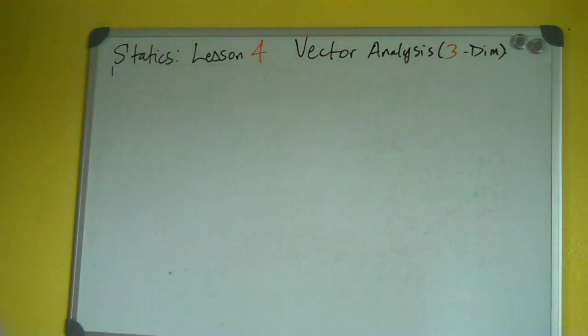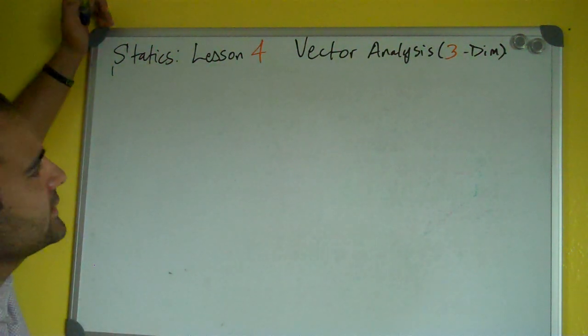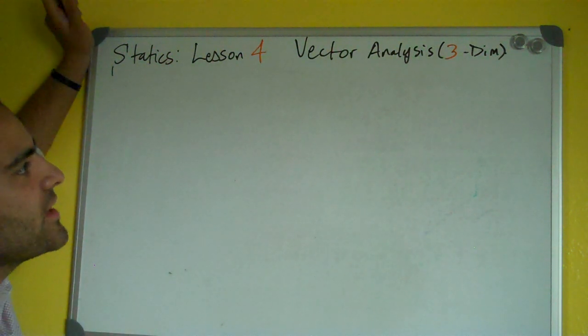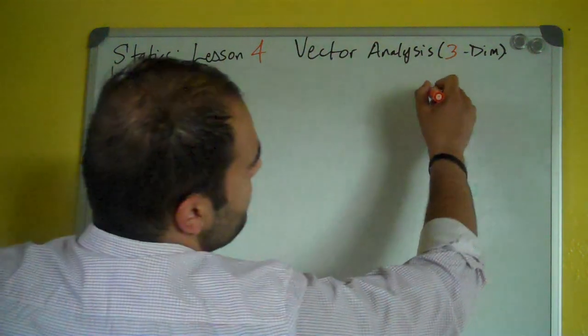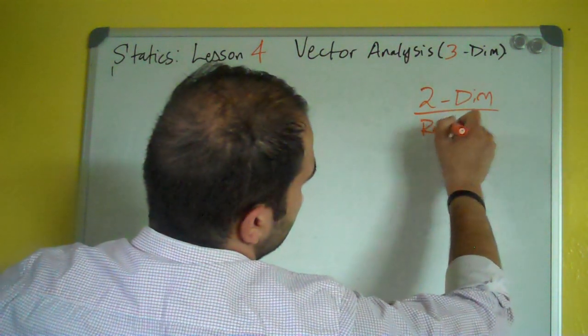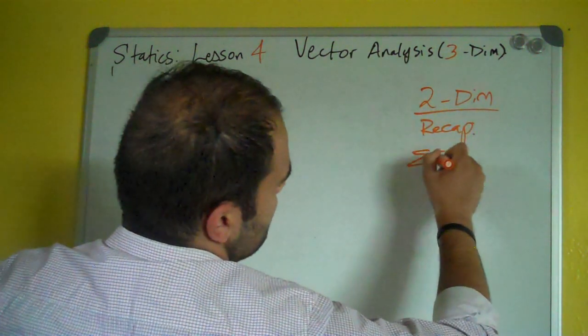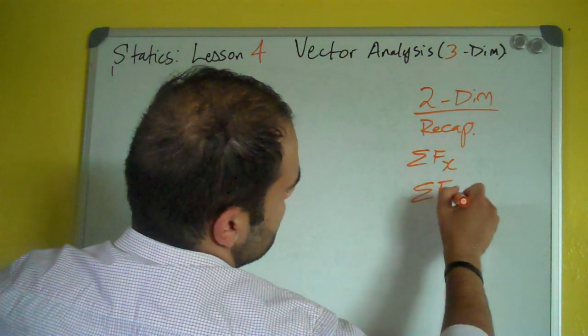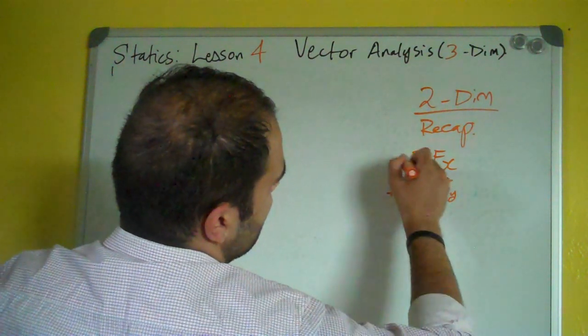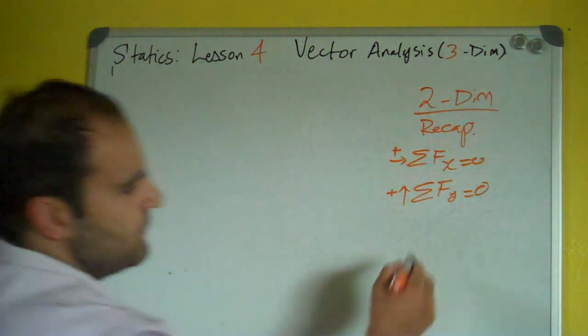Okay, hello again. This is lesson 4. We're going to talk about vector analysis in 3 dimension. So in 2 dimension, just to recap, we're doing some of the forces in the x, some of the forces in the y, equal 0, equal resultant, it depends.